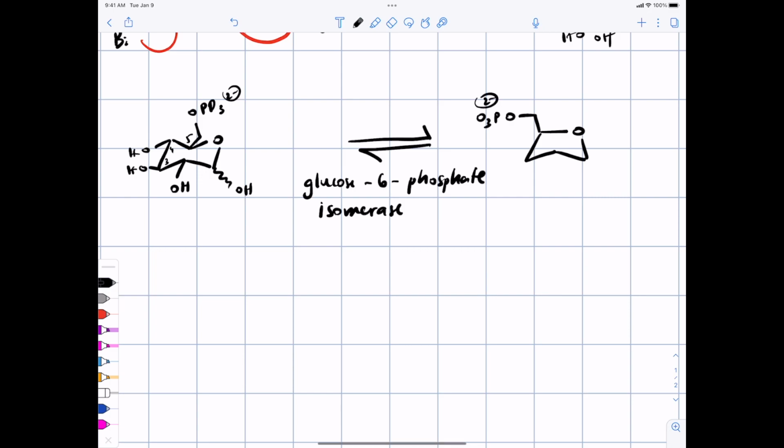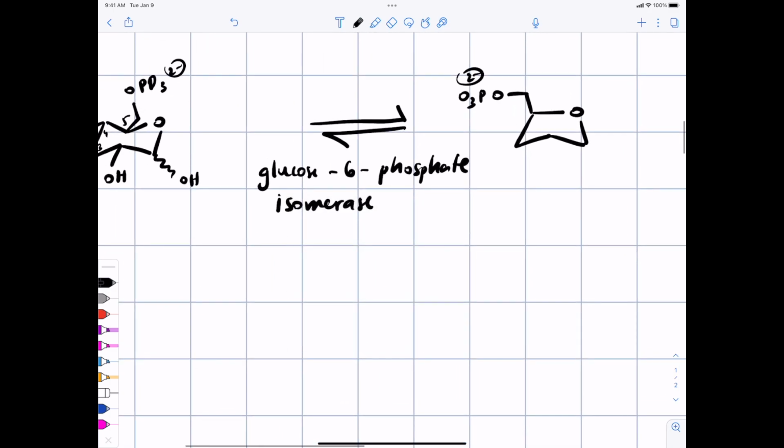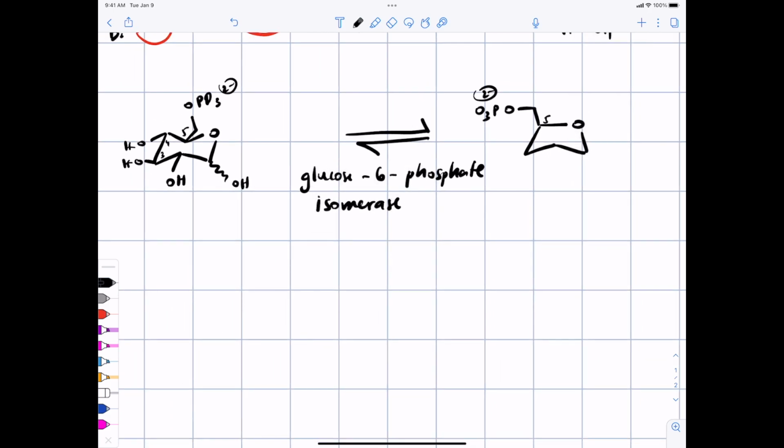So notice how the hydroxymethyl group on carbon 5 is pointing upward in the original glucose 6-phosphate starting material. Still up in our product. The OH on carbon 4 is still down.